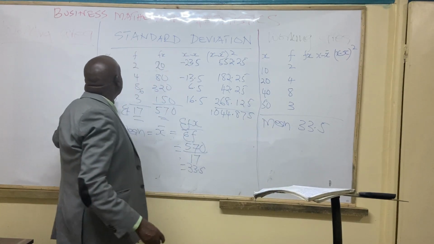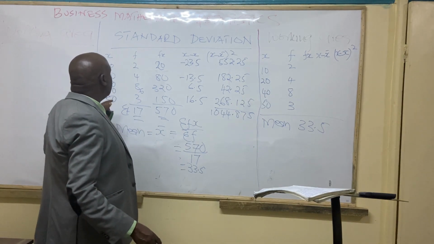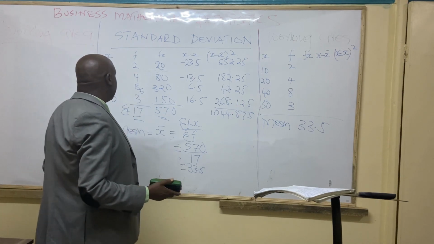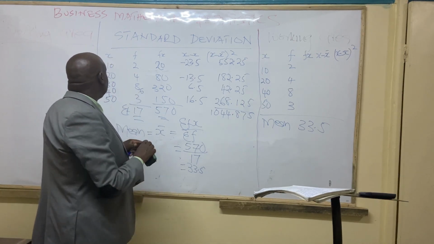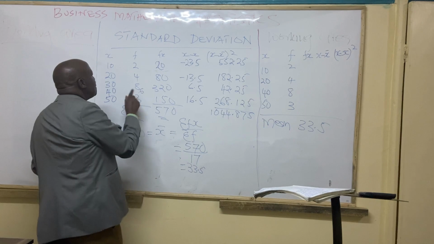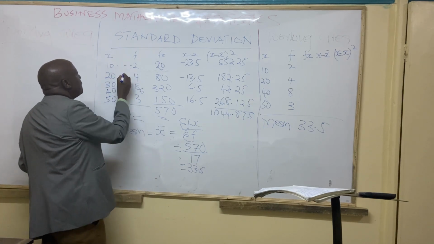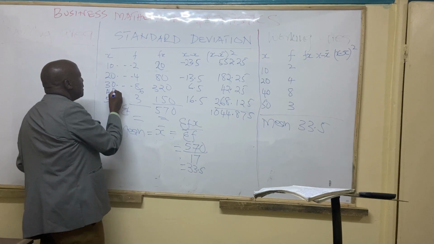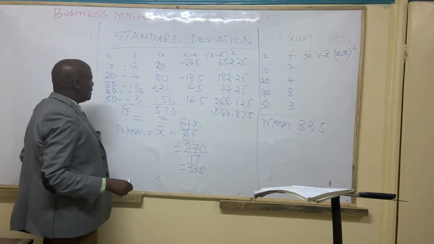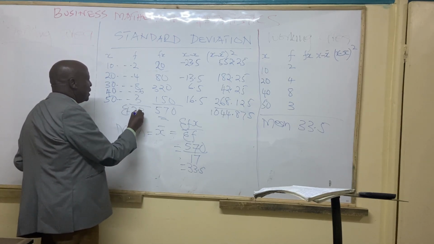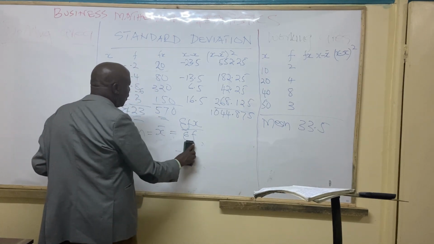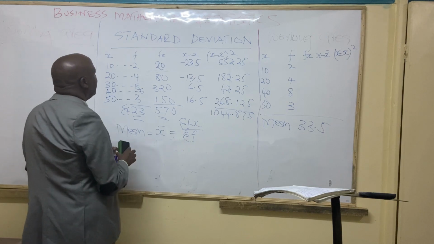So the only correction would come on the side of the frequency. Now 17 plus 6 will be 23. Our frequency will be 23.